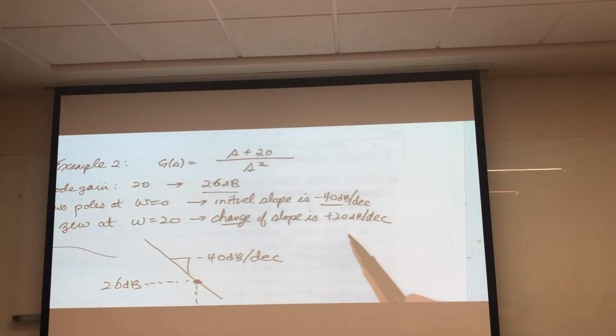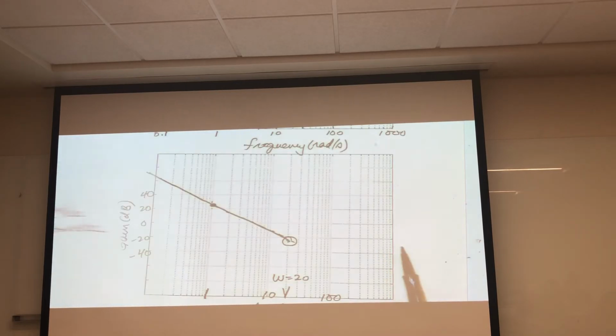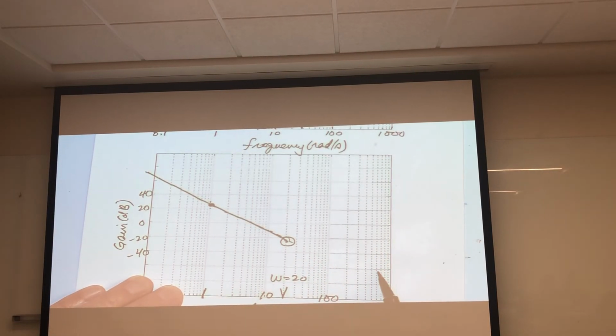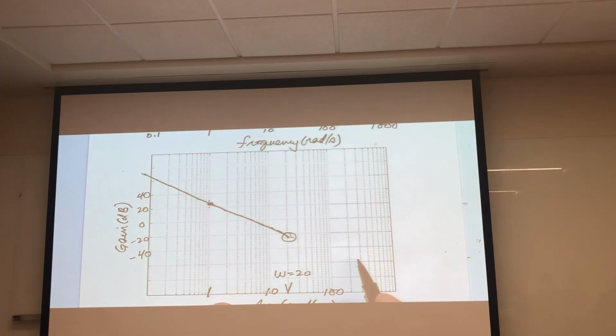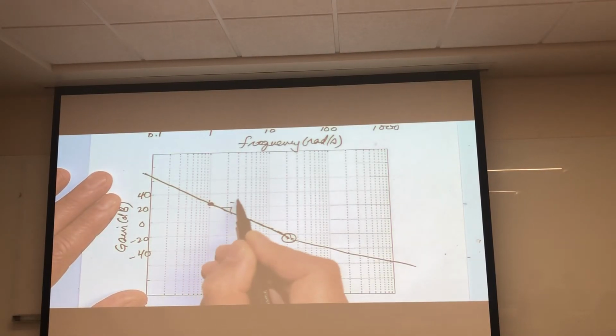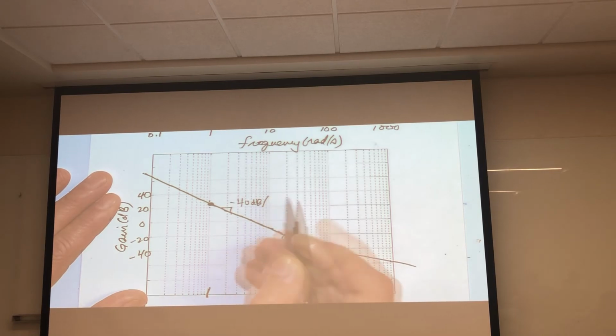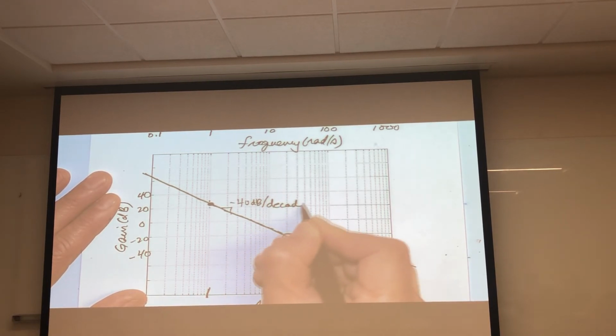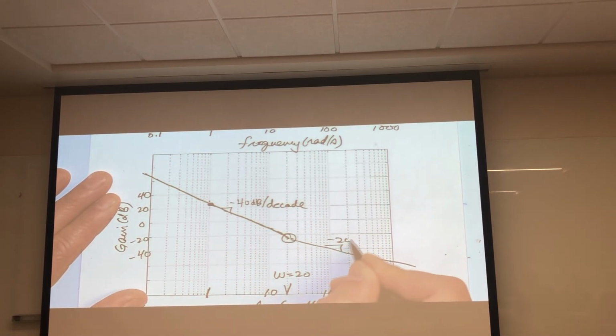The slope change is plus 20 dB per decade. So it's still going to go down, but at a less aggressive slope. It's going to be something like this. So this slope is minus 40 dB per decade, and this slope is minus 20 dB per decade.